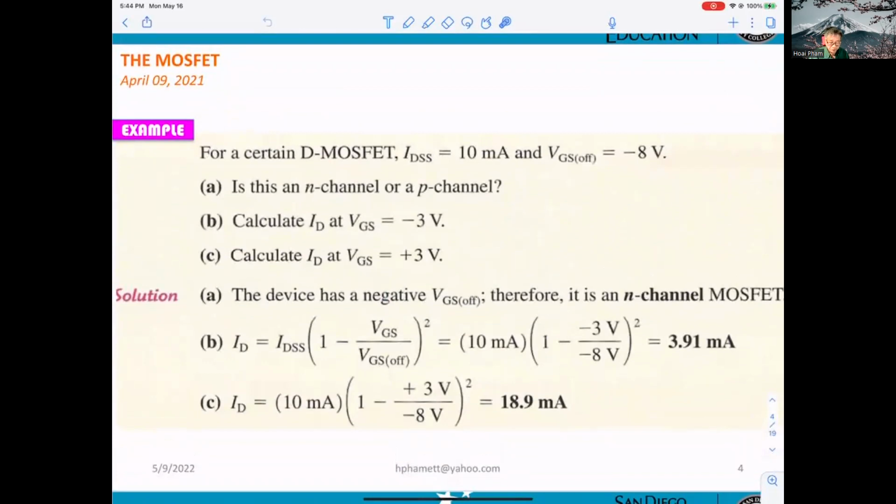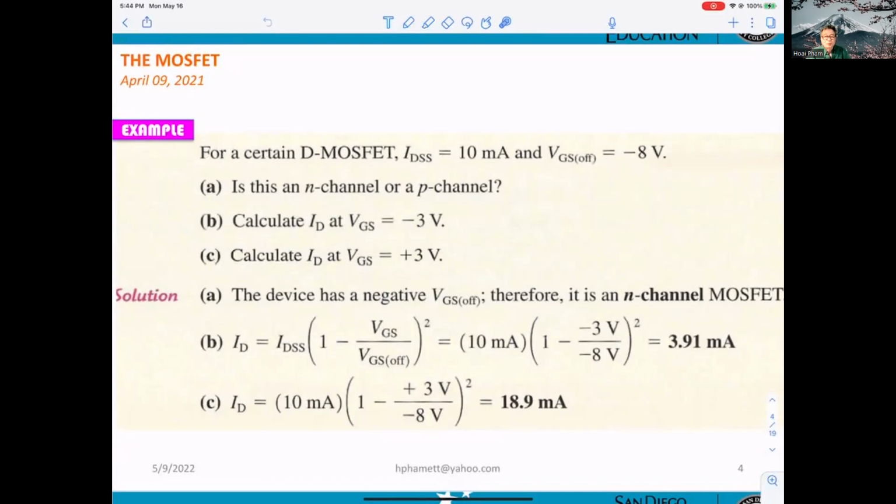Example. For a certain D MOSFET, IDSS is 10 milliamp and VGS off is minus 8 volt. Is it N channel or P channel? Without looking at the solution, tell me. The answer is N channel.